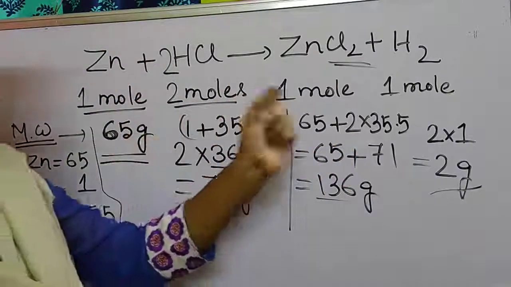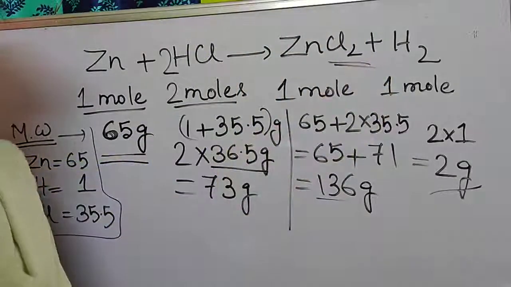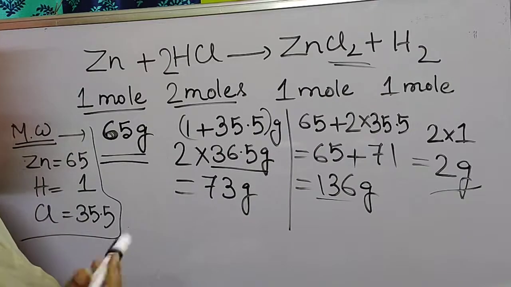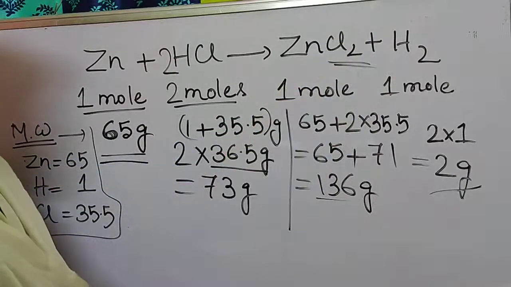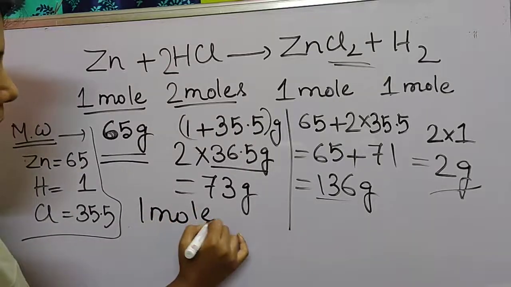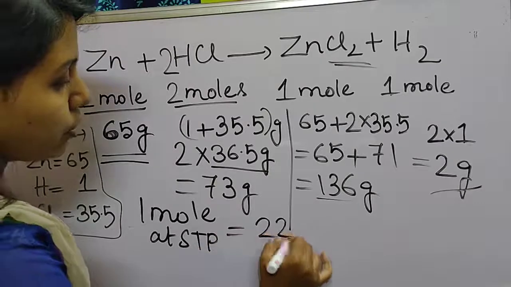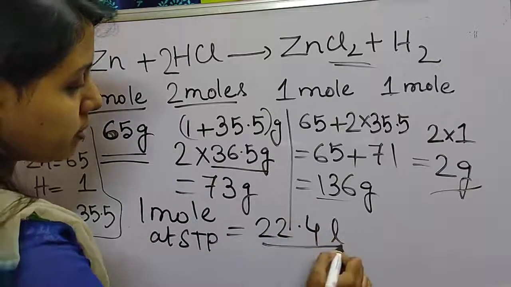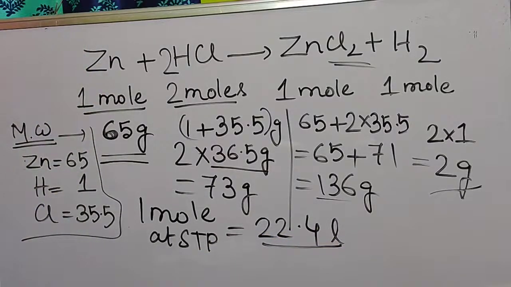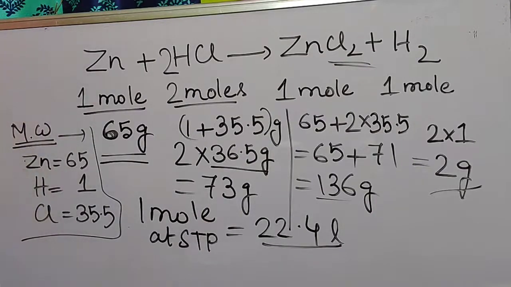As well as if they are present in gaseous form, just like hydrogen, we can get its volume also. 1 mole of any gas at STP has a volume of 22.4 liter. So from this relation we can get their volume also. This is the way we have to calculate from chemical equations.